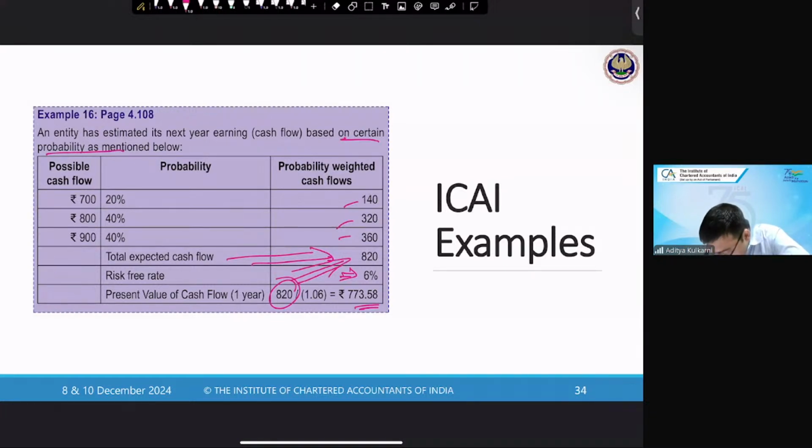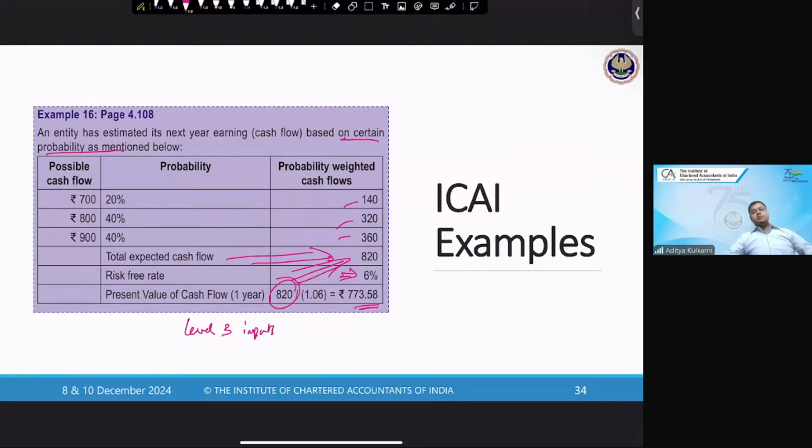Level 3, sir. Level 3, yeah. Ginny? Yes, sir. Level 3. Hemant, level 3. That's right. So this is your level 3 inputs.